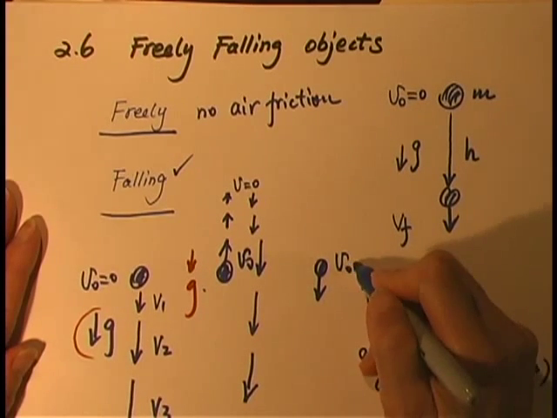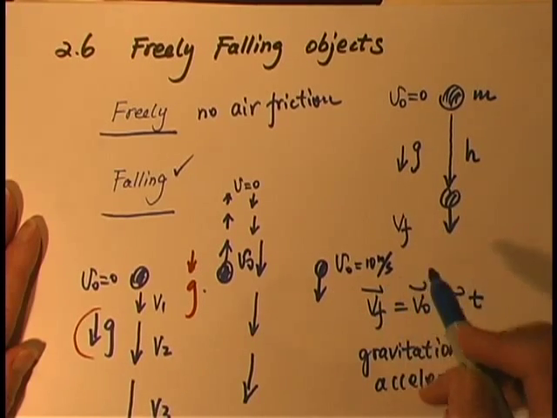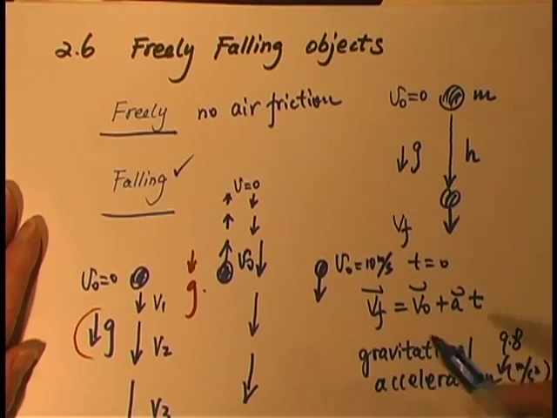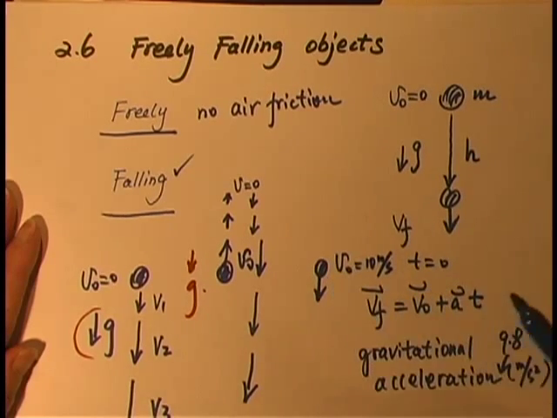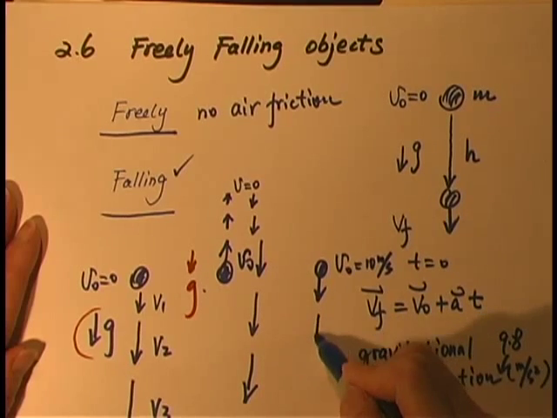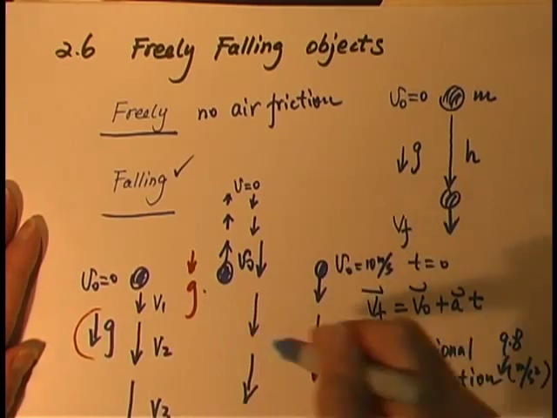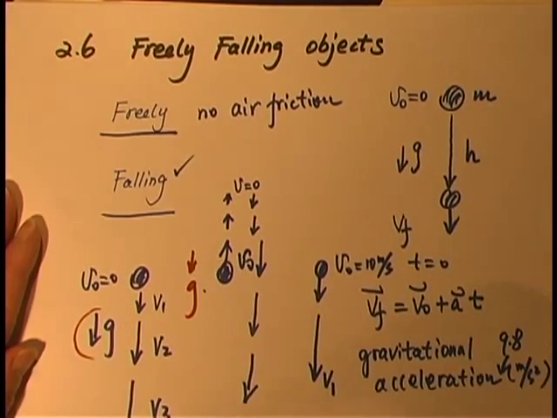But if with initial velocity, let's say 10 meters per second down at t equals 0, after 1 second this one is going to increase another 9.8 meters per second. So then this v1, after 1 second, will be 19.8 meters per second. So it is falling. In all three cases, no matter what the initial velocity is, the object is falling because the gravitational acceleration g is always there.